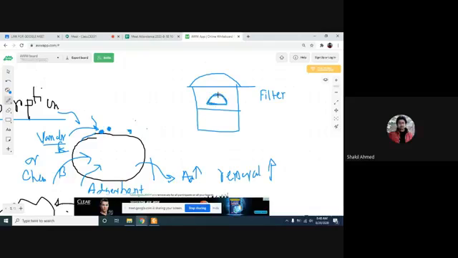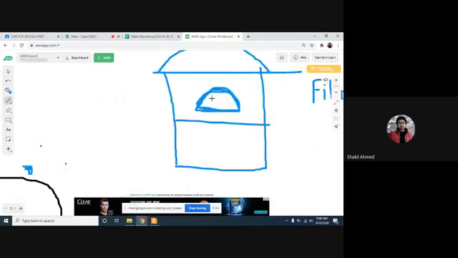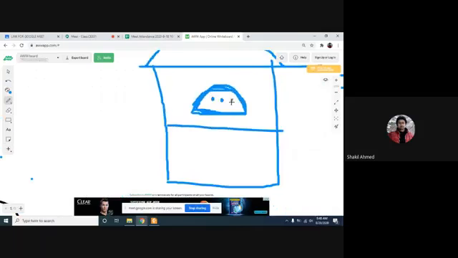Yes, sir. Shape may vary sometimes. You'll see this material is black and has many pores. This is actually activated carbon.